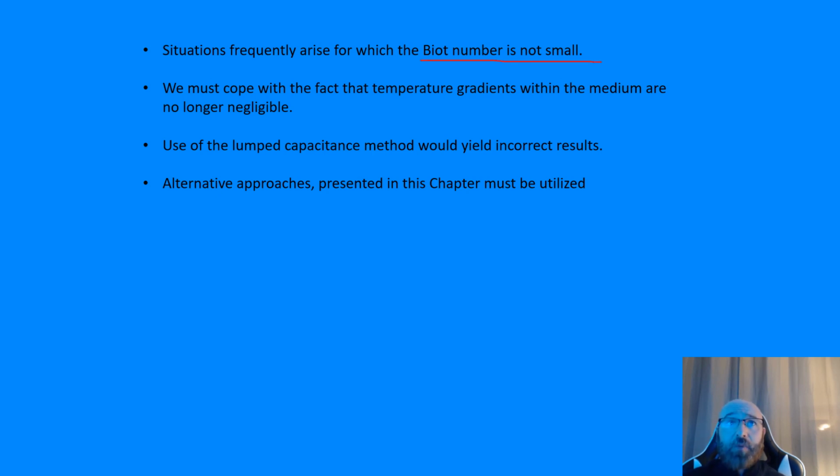When this occurs, we need to cope with the fact that our temperature gradients within the medium are no longer negligible. So we can't neglect these temperature gradients anymore, which makes the problem slightly more complicated. Also, the use of our lump capacitance method would yield incorrect results for this. So there are alternative approaches presented within this section of Chapter 5 that we can utilize.